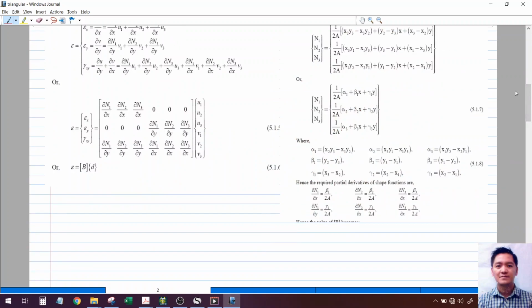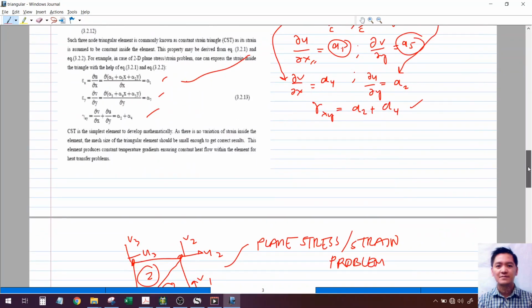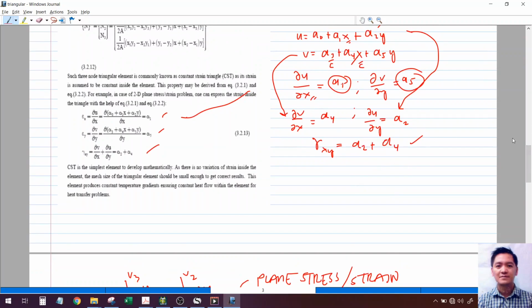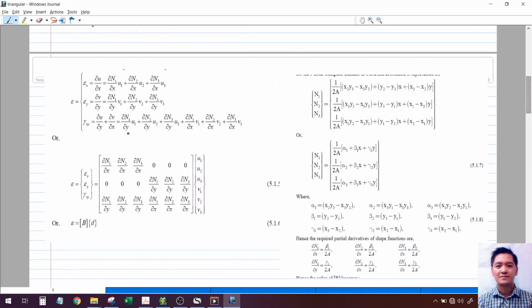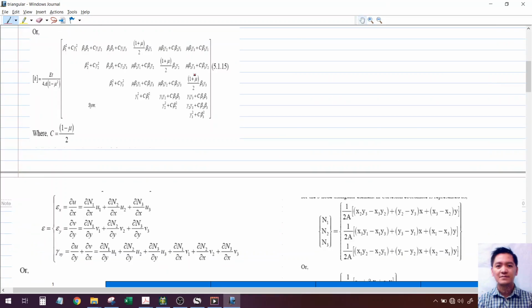Okay, so to continue, so we stopped here earlier. Yeah, now remember strain is this, strain x, strain y, and shearing strain, and strain x is du dx.